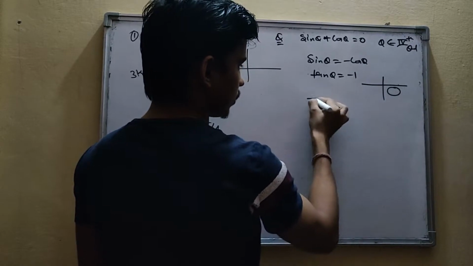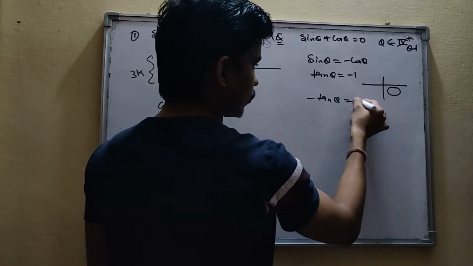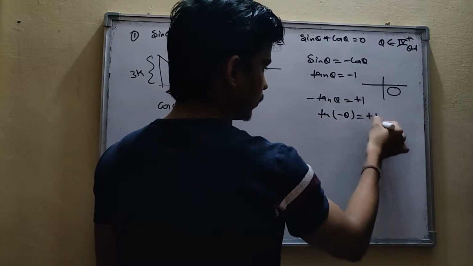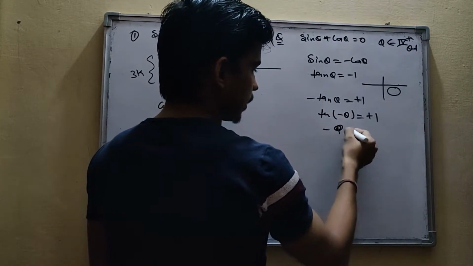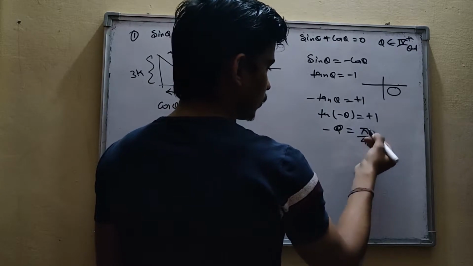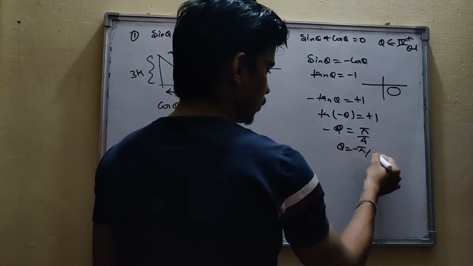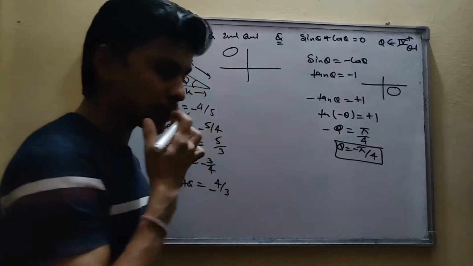If you take the minus 1 over here, tan of minus theta is going to be plus 1. So what is the possible value of minus theta? Minus theta is pi by 4, so theta is going to be minus pi by 4. So one way of doing it is this.